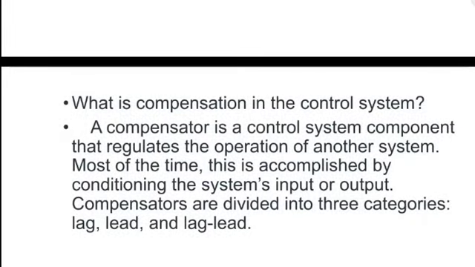In my lesson, we are going to talk about system compensation as in control systems. There are a few objectives that we are supposed to achieve at the end of this lesson. One, we shall look at the need for compensating networks.